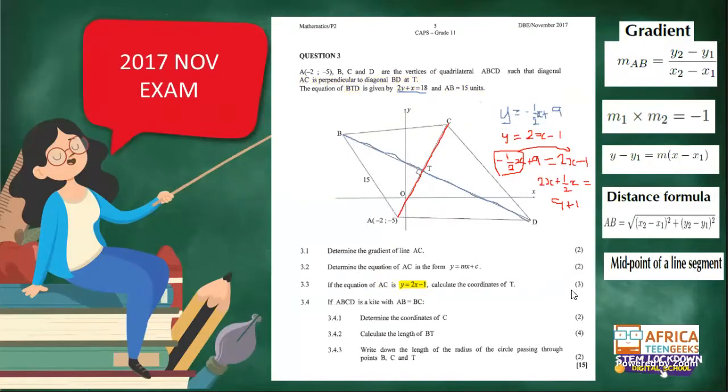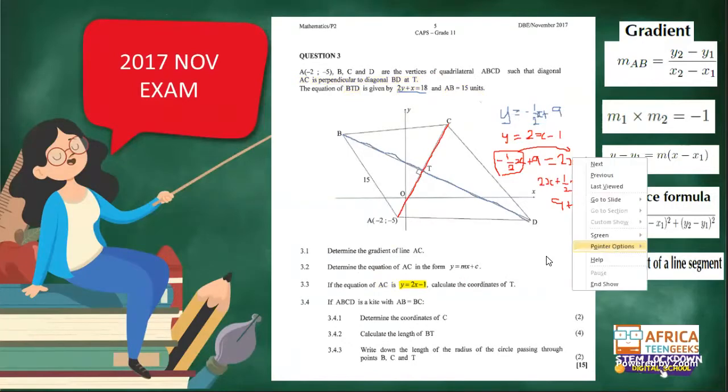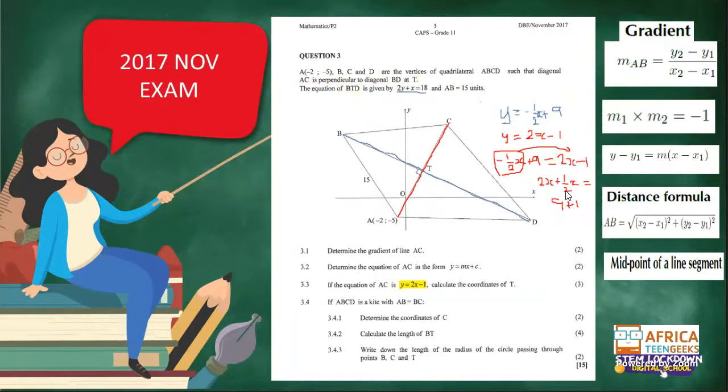So how would we solve our x? We have 2x plus half x. Remember, 2x is actually 2 over 1. Okay. So for someone who doesn't understand, we would actually have 2x. Oh, my bad.